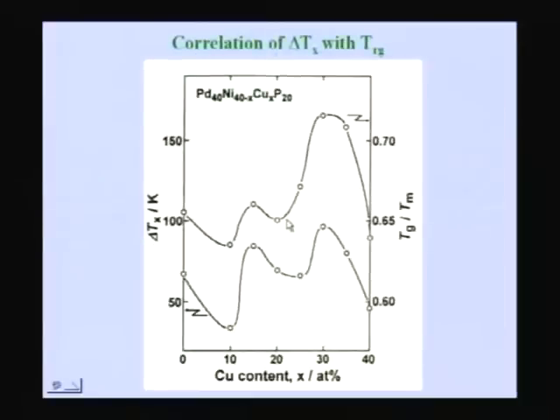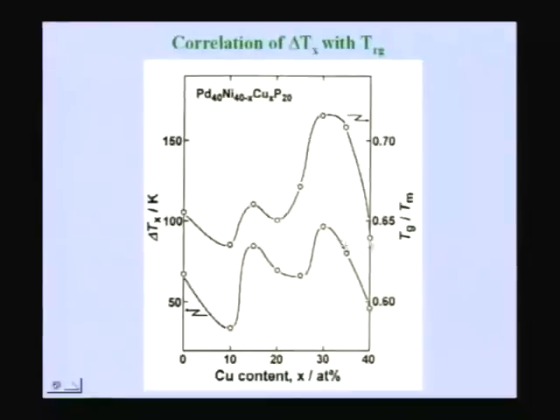And one more important point to remember is that we use two criteria, TRG, which is Tg by Tm, and delta Tx. What is important to note is that both these criteria are quite synonymous. You can see from this figure, for a particular system, palladium, nickel, copper, phosphorus, we are plotting the two parameters delta Tx and TRG as a function of copper content.